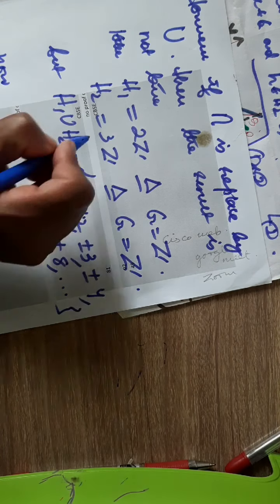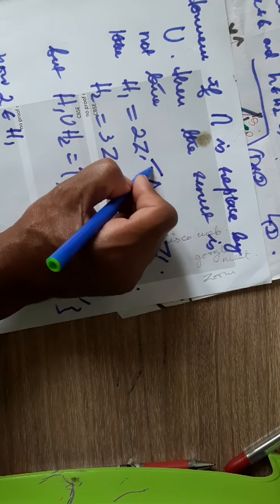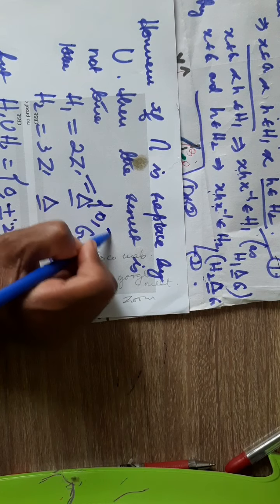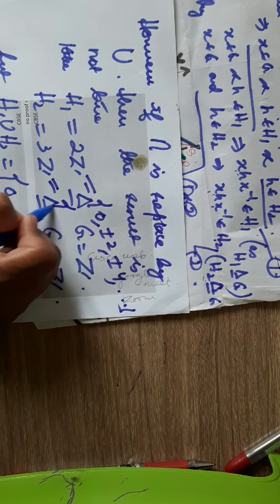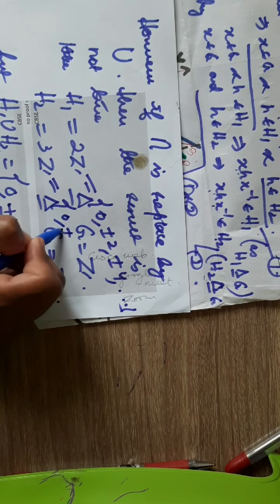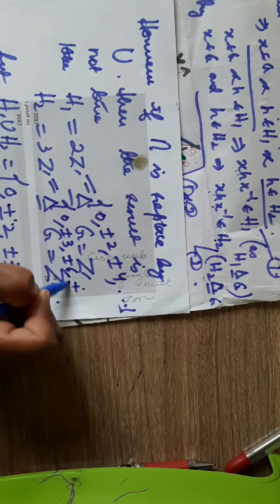Separately, H1 contains the elements 0, plus or minus 2, plus or minus 4, all multiples of 2. And H2 contains the elements 0, plus or minus 3, plus or minus 6, plus or minus 9, which are multiples of 3.